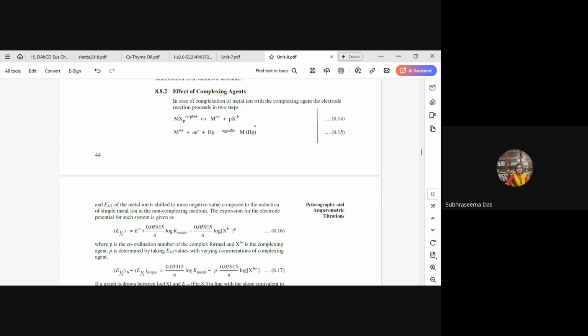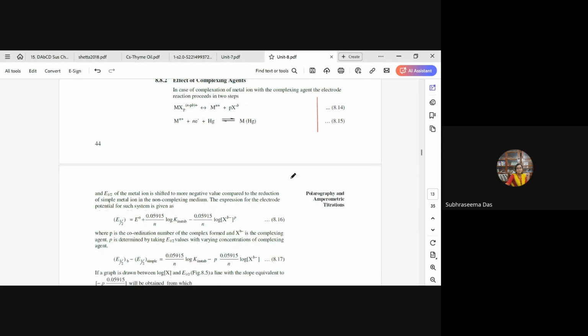So we were discussing the effect of complexing agents. Here we see that the complexation of a metal proceeds in two steps, and that is represented in equations 8.14 and 8.15. So the E half of the metal ion is shifted to a more negative value.